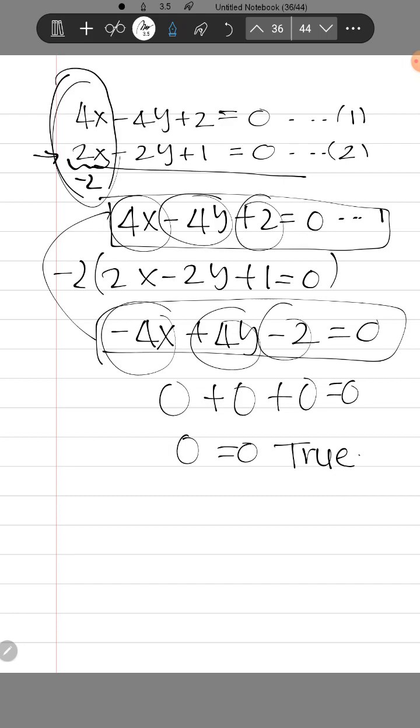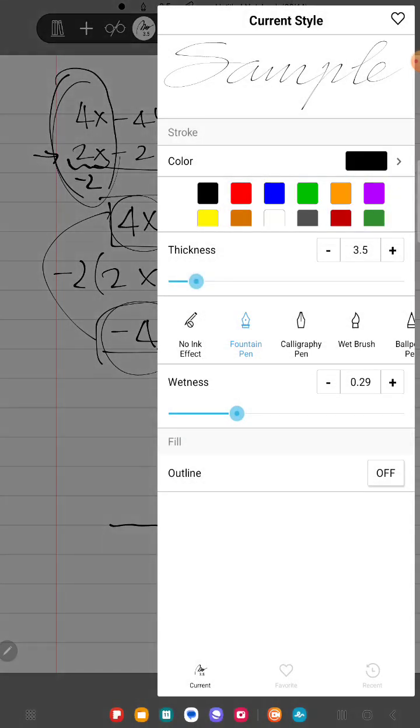It means that every point is true on these two graphs. Every point which is true on the first graph, or the first equation, is also true on the second equation. In other words, these two equations represent one and the same graph. It's just like one graph is this one here. I use the blue for the second graph.